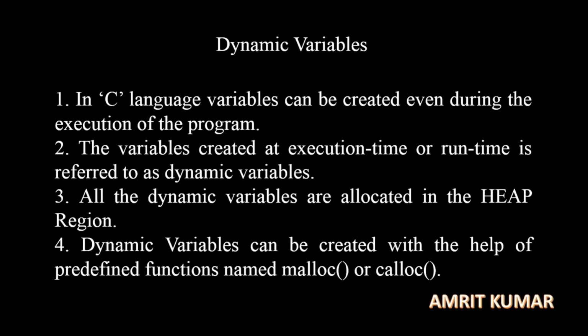We will study the malloc and calloc functions in the topic dynamic memory allocation, which will come in the next video, or I think after the next. It is a very important point for creating dynamic variables in C language.